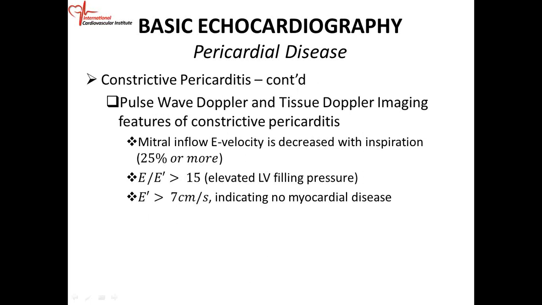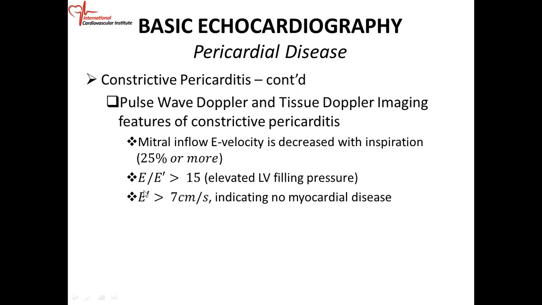So one of the things with the patient in heart failure. We know that for you to be in heart failure, your filling pressures, your left ventricular end diastolic pressure, is going to be elevated. And one of the things that we can use in Doppler to assess LV filling pressure is what we call the E/E prime ratio.